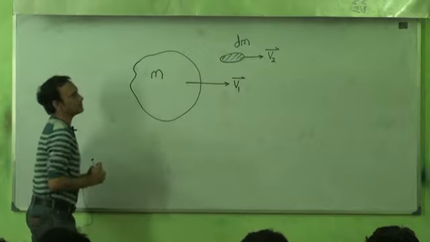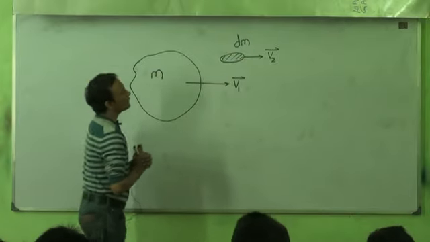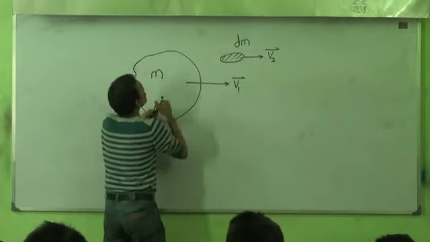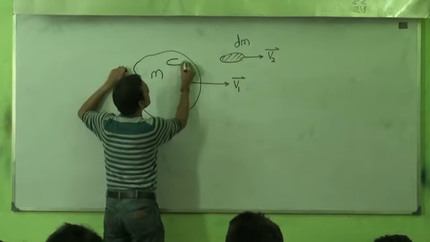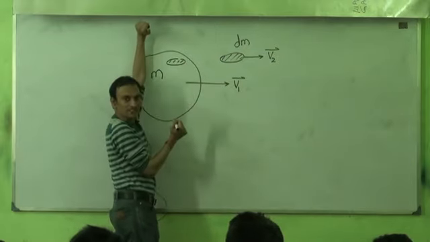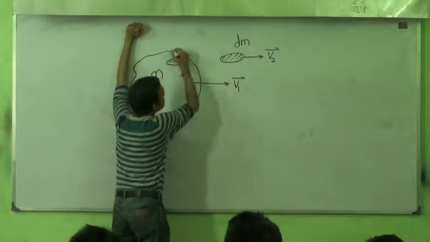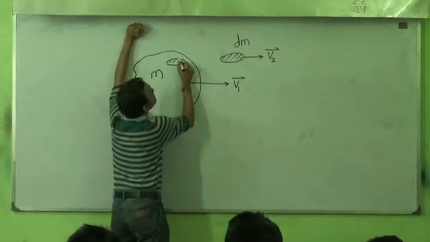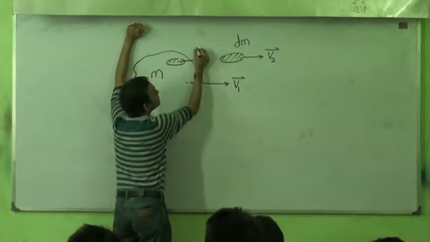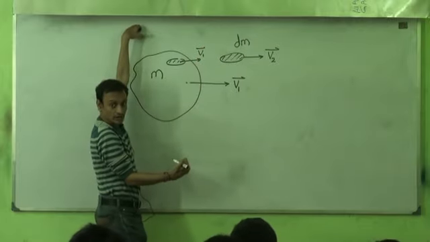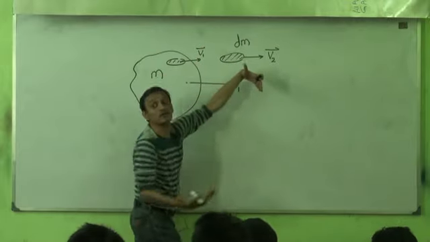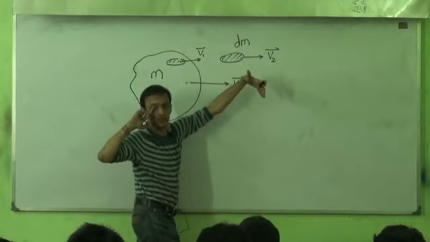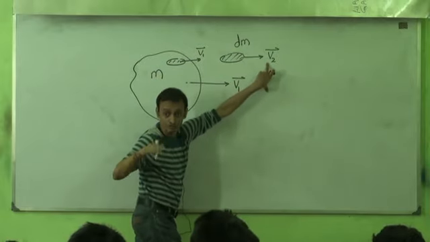So whatever be it, the mass dm was originally present in this, and when it was part of this, when it was integral with this, it had a velocity v1 to the right. Now when it got expelled from the unit, it had a velocity v2.